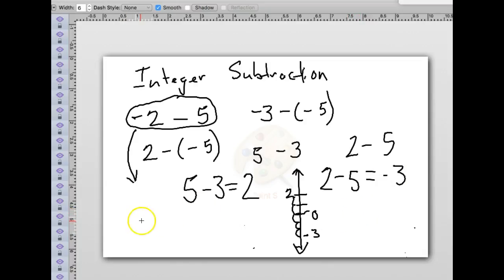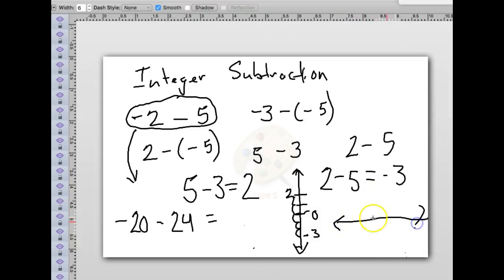Once it gets to bigger numbers, say -20 minus 24, you have to remember that even though they're bigger numbers, it's still the same process. We have a debt of 20, and we're taking away 24. You don't need to go all the way on a number line.